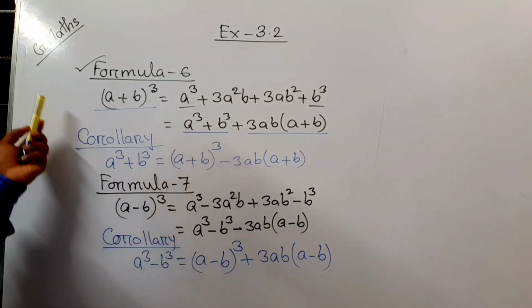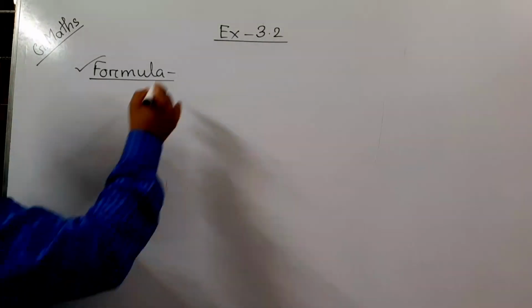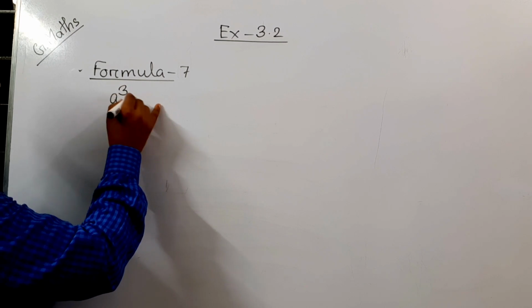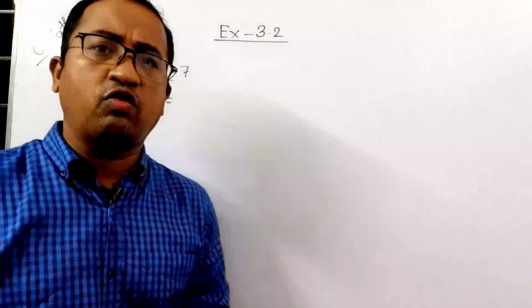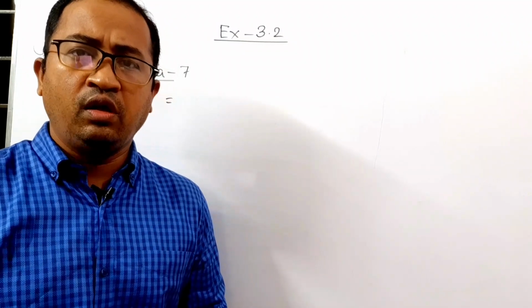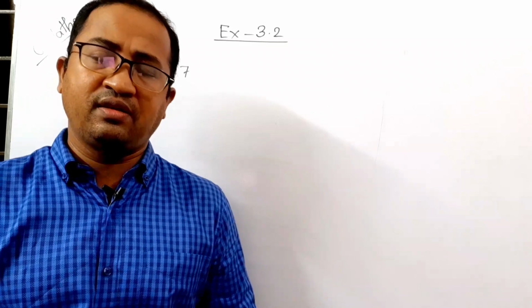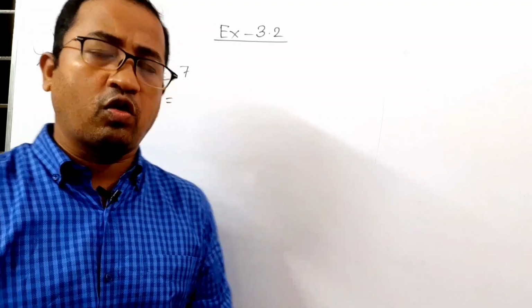Now I will show you formula number 7 and 8. Formula number 7, that is a cube plus b cube. Just now I have shown the corollary of a cube plus b cube. Now I wanted to discuss the formula of a cube plus b cube. Yes, a cube plus b cube has both the formula and the corollary.